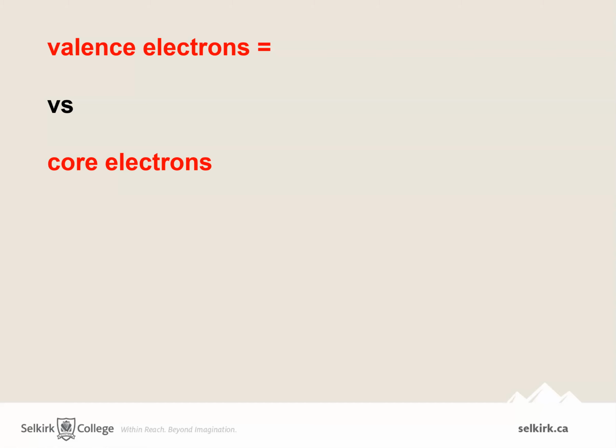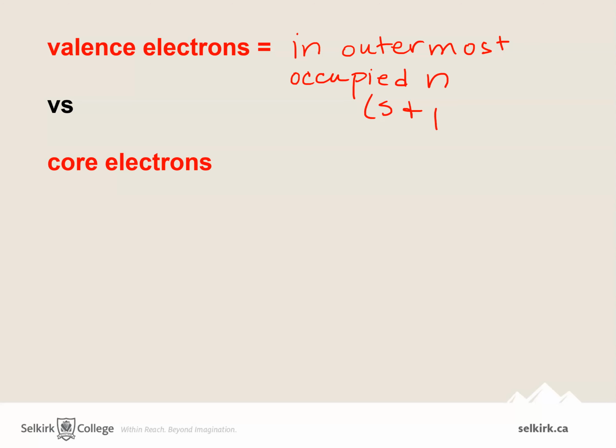The valence electrons, I said before, are in the outermost occupied energy level. And it turned out we were only looking at the s and p orbitals at the highest occupied energy level. Those are the ones that affect the chemistry.